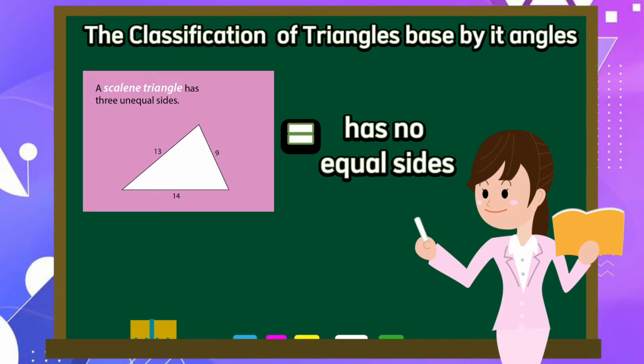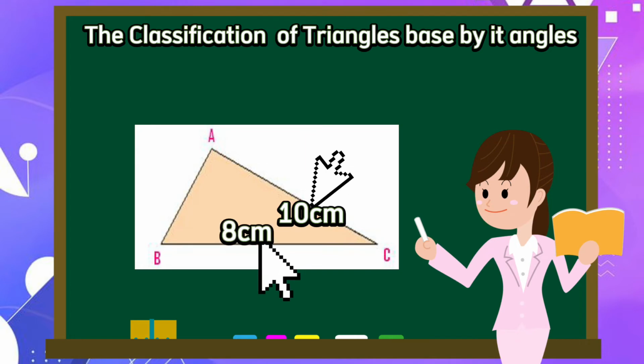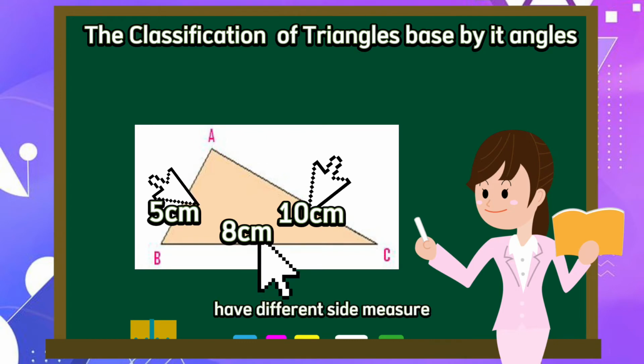When we talk about an isosceles triangle, two sides are equal. In the scalene triangle, the sides are different. They are not equal. For example, this one measures 10 centimeters, this one measures 8 centimeters, and this one measures 5 centimeters. So a scalene triangle has different side measures.